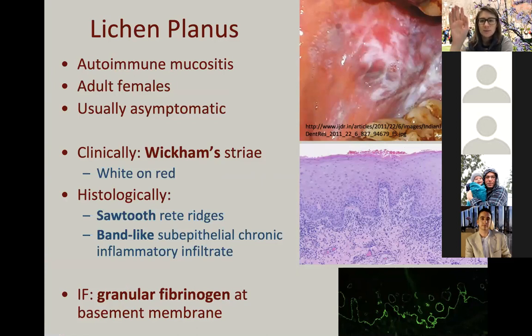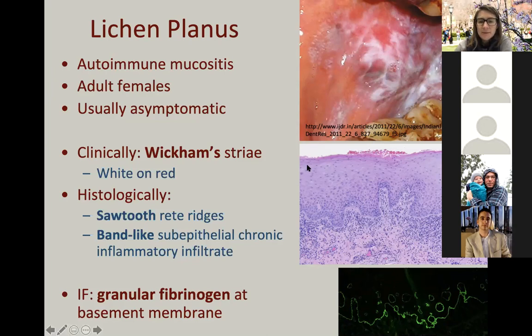So these are kind of the things we want to look for, right? But most of them, not all, most or many of them require biopsy for definitive diagnosis of autoimmune disease, hyperplasia, dysplasia, carcinoma, et cetera.